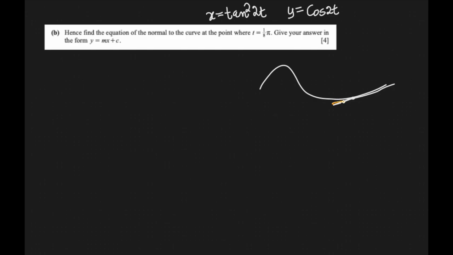Okay, let me redraw this. At this point we want the equation of the normal. Normal is a line. So what is the equation of a line? Y minus y1 equal to m times x minus x1. Y and x are general x's and y's on a curve, so they will remain what they are.